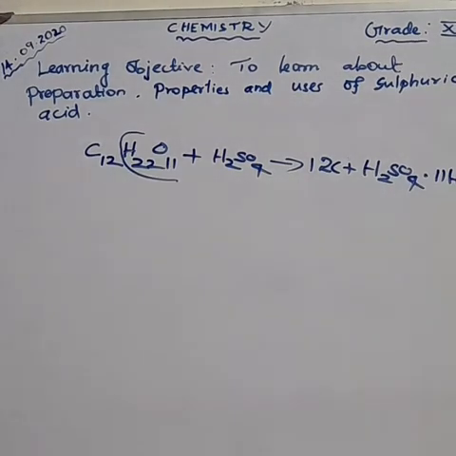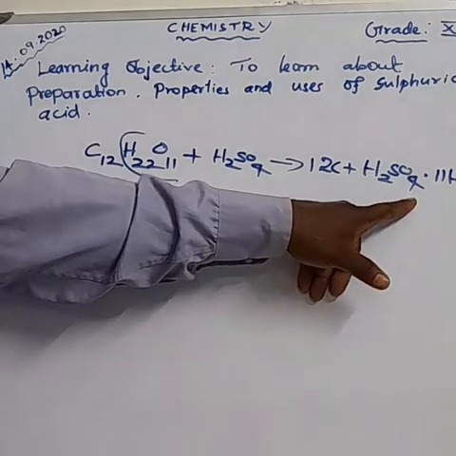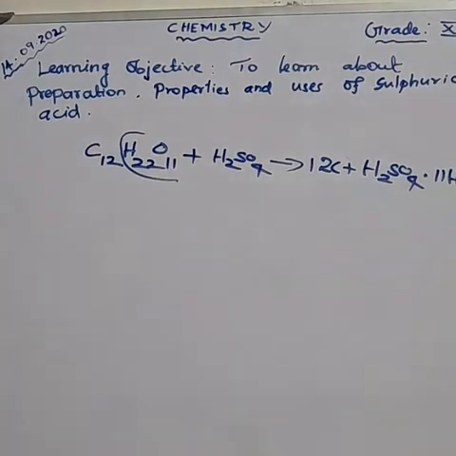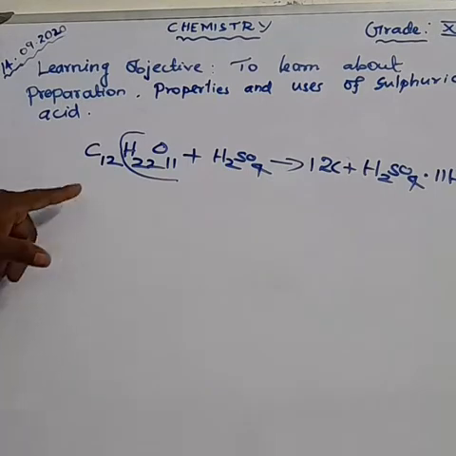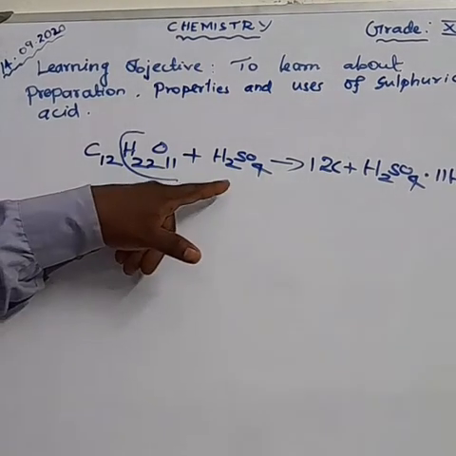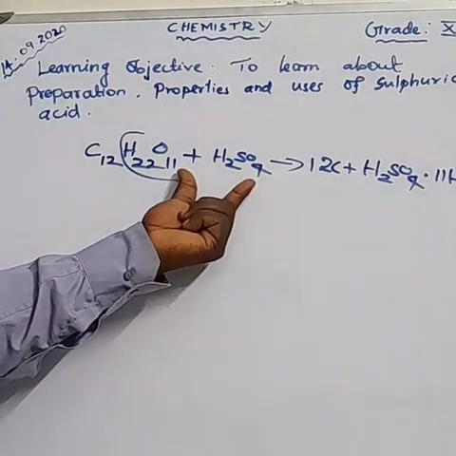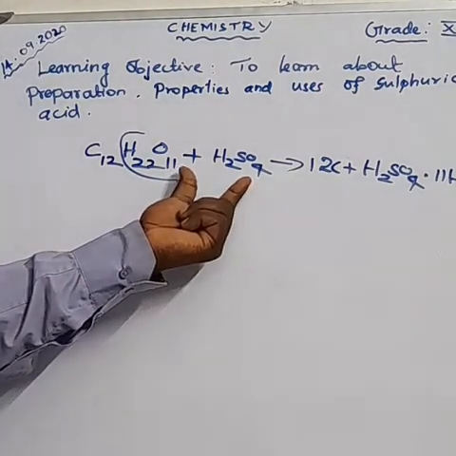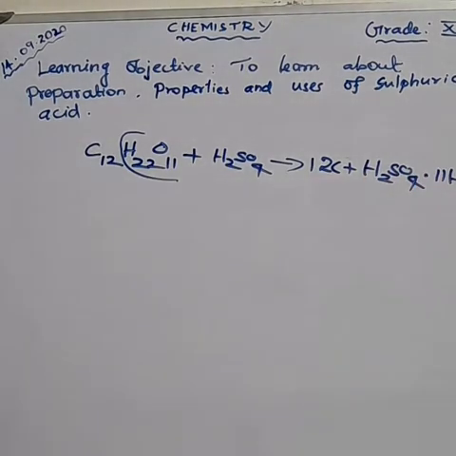We can call this monohydrate sulfuric acid. In the reaction between sucrose and sulfuric acid, sulfuric acid acts as a dehydrating agent, that is, it removes water molecules. This is a very good example.